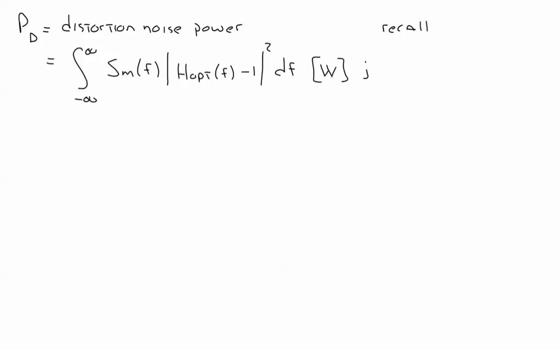that the power at the output of any linear system when a random process is applied is this. The output power is the integral from minus infinity to plus infinity of the input power spectral density times... well, not necessarily talking in a general sense about an optimum filter.